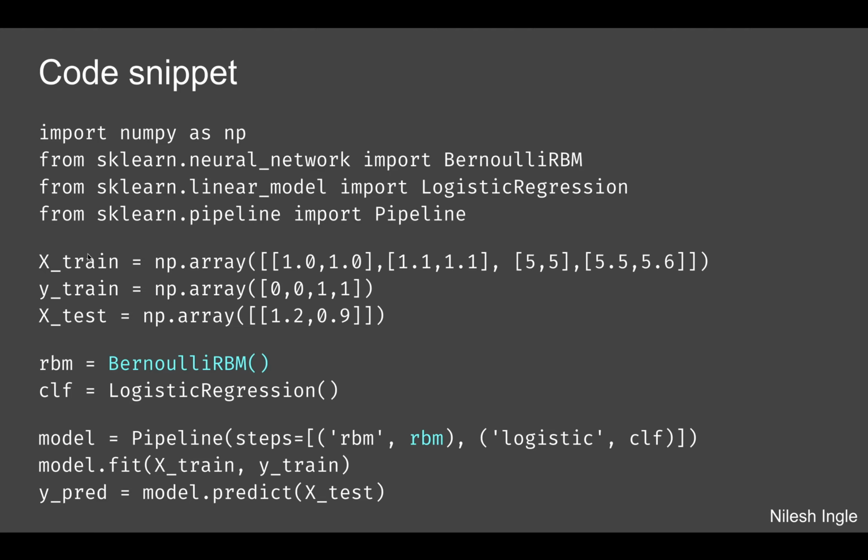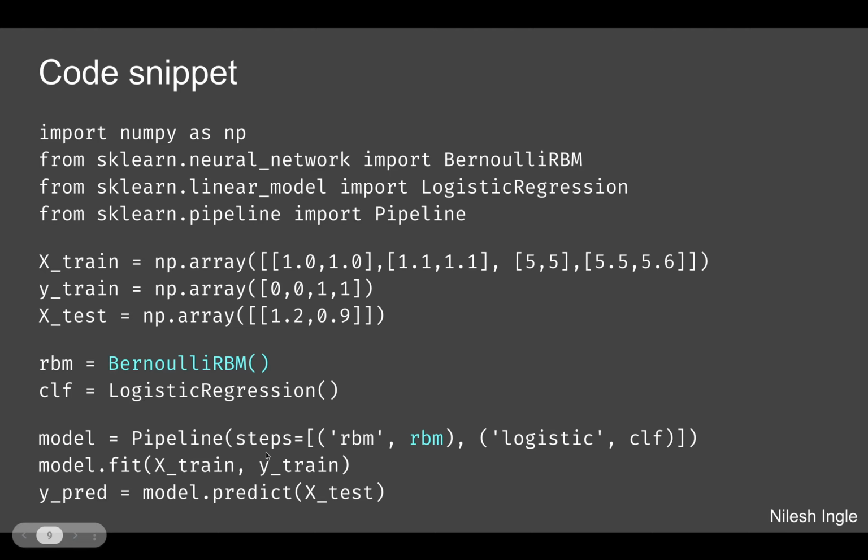So let's say we have these values for x train. So we have 1 and 2 features, and we have y train, we have an x test. So what Bernoulli RBM can do is give us the features. Here we just have 2, so it doesn't make sense, but imagine if we have more columns for x train, then the output of Bernoulli RBM can be used as an input to a classifier.